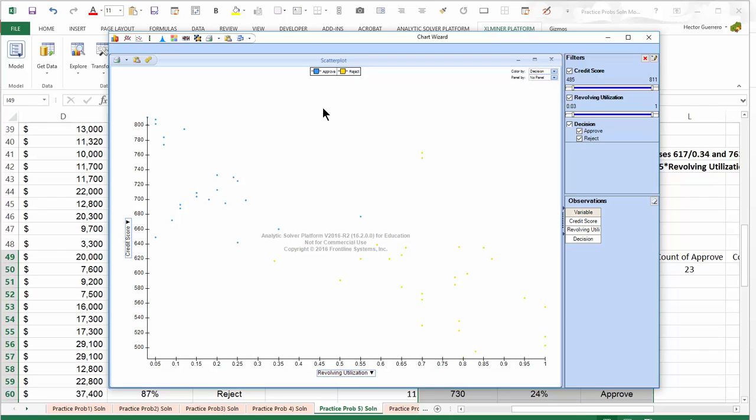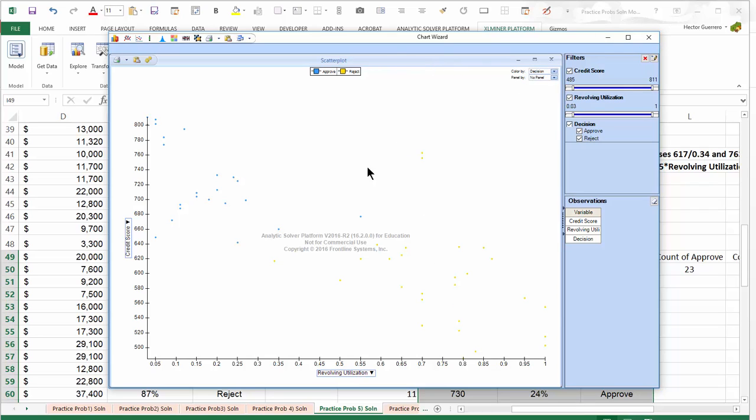We can see that there's a high relationship between higher credit scores and lower revolving utilization, which leads to the blue, which leads to approval, and lower credit scores and higher revolving utilization, in other words, indebtedness, leads to rejection. Makes sense, right? So how do we build a graph like this?